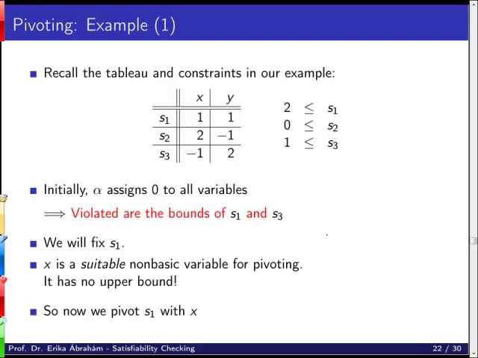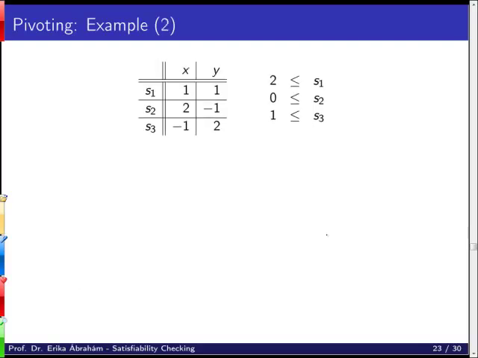So I want to pivot with S1 and x. The first row means S1 equals x plus y. Now I can reformulate it by putting x to the left-hand side and S1 to the right-hand side, and I get this equation. I modify this tableau such that now I have x here, S1 here, and here I have these coefficients.